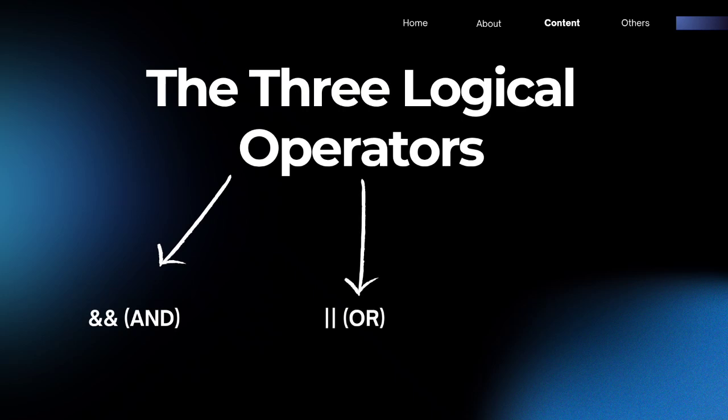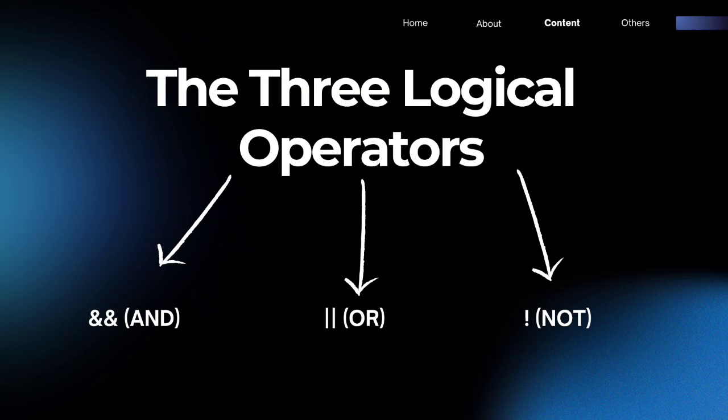The second one is called the OR operator. These are two pipe symbols, which represent the OR operator. And the third one is called the NOT operator. This is an exclamation mark, which represents the NOT operator.